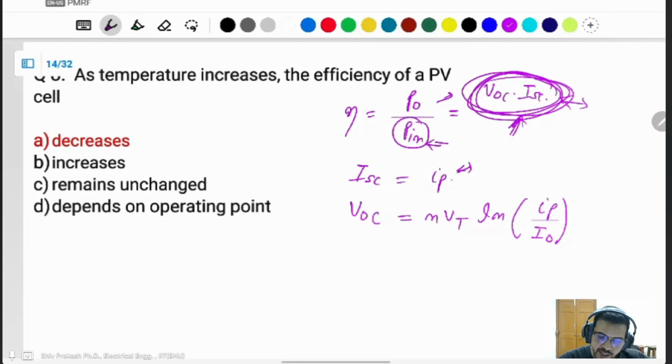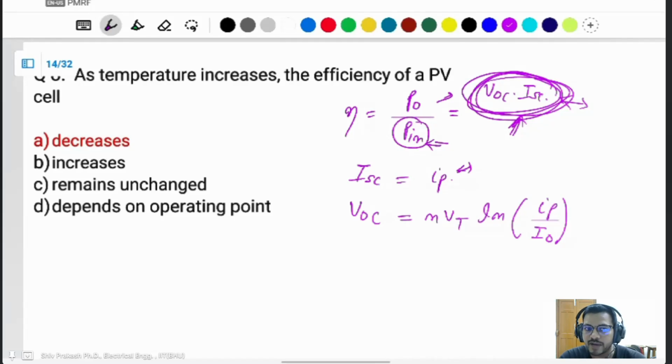That's why the current will increase. Because the PV panel is made from a semiconductor, like a PN junction only. In a PN junction, if you increase the junction temperature, then the current will increase.